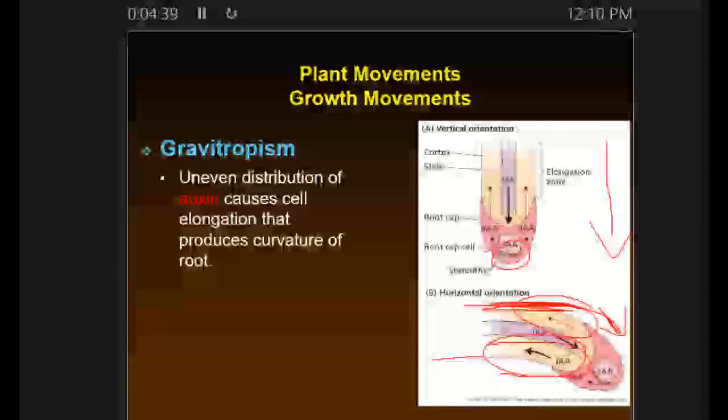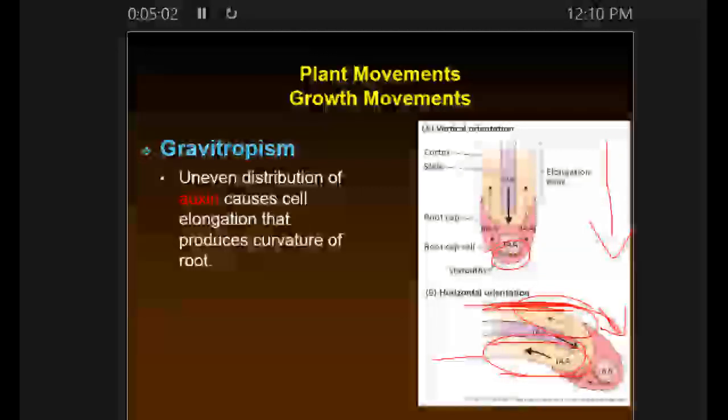It's a little odd because auxin stimulates growth in shoot tissue. But here we're seeing a difference, where higher amounts of auxin slow down growth, and smaller amounts of auxin speed it up.